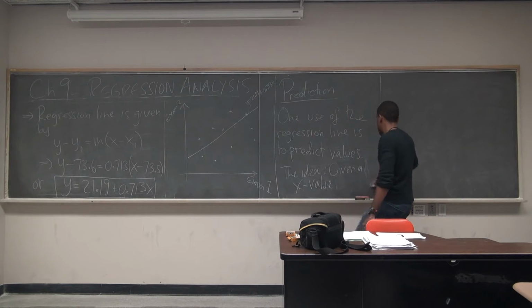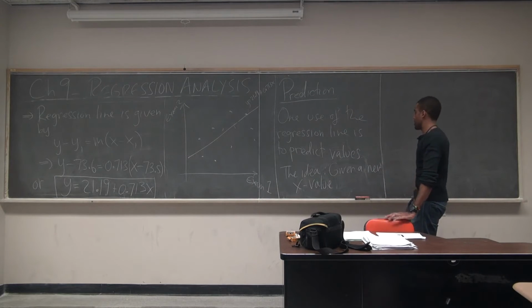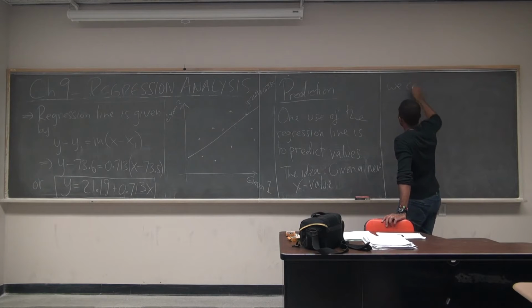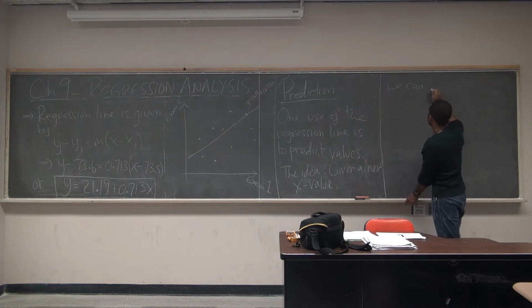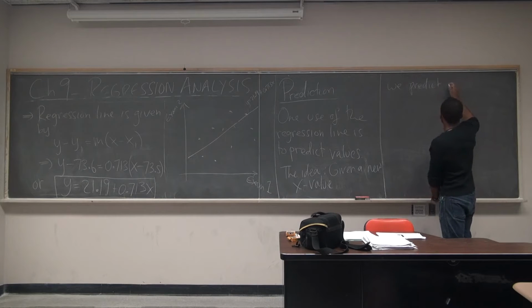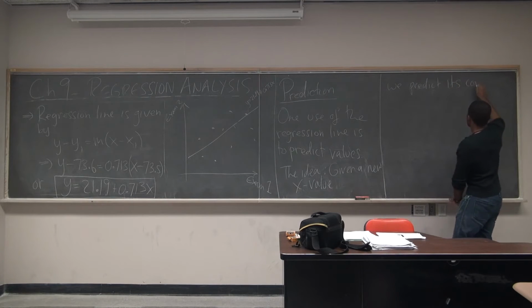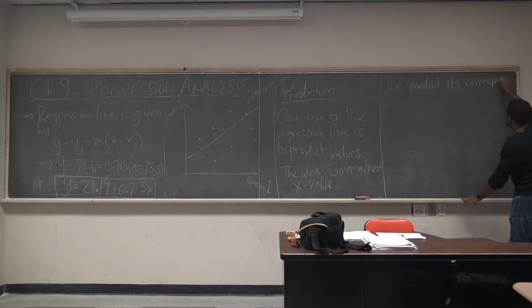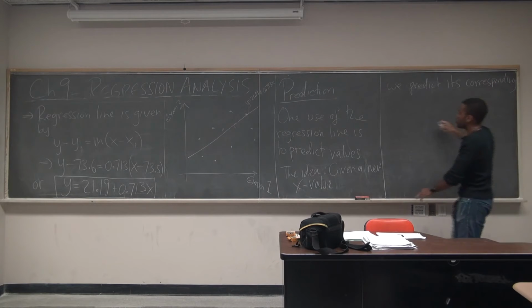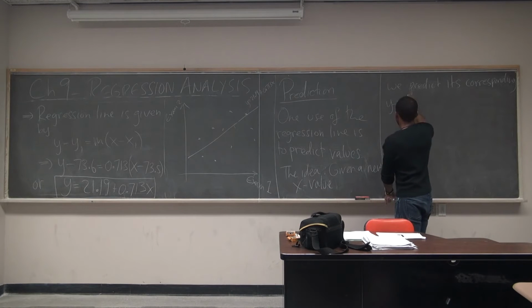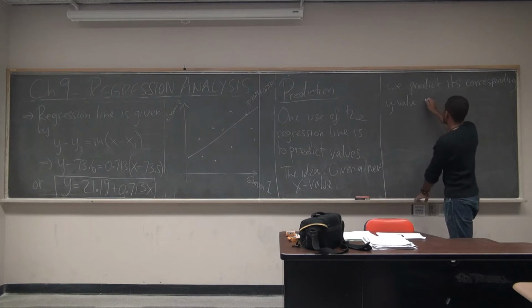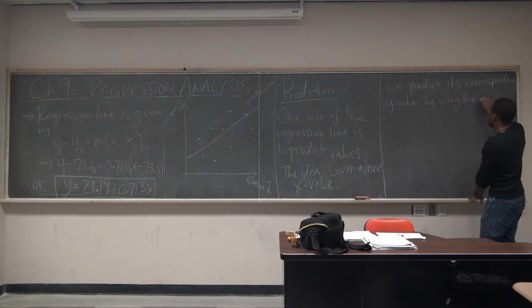Given a new x value, let's write it that way, we can, I want to say can, predict its corresponding y value by using the y value from the regression line.